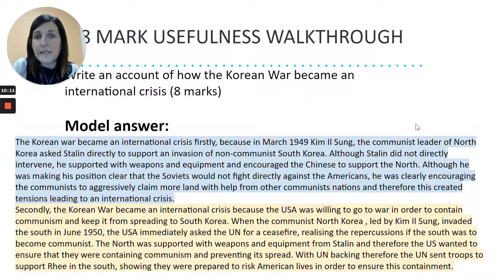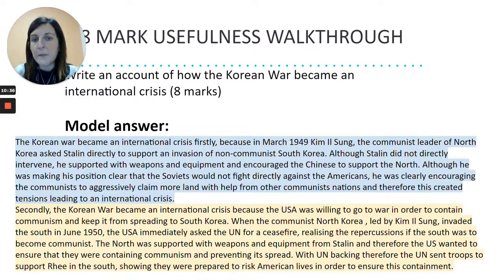Secondly, this war became an international crisis because America was willing to go to war in order to contain communism and keep it from spreading further to South Korea. So when the communist North Korea, led by Kim Il-sung, invaded the South in June 1950, America immediately asked the United Nations for a ceasefire and realized that the repercussions, if the South was to become communist, would be huge for America.